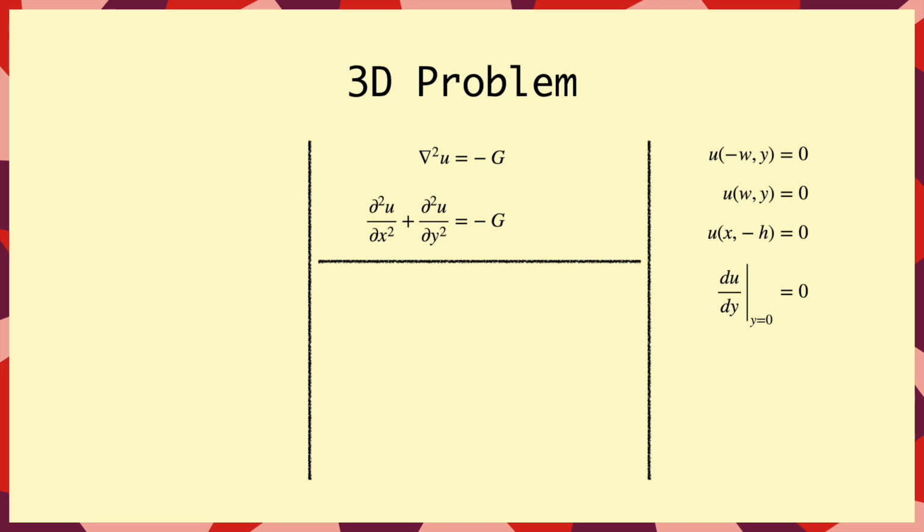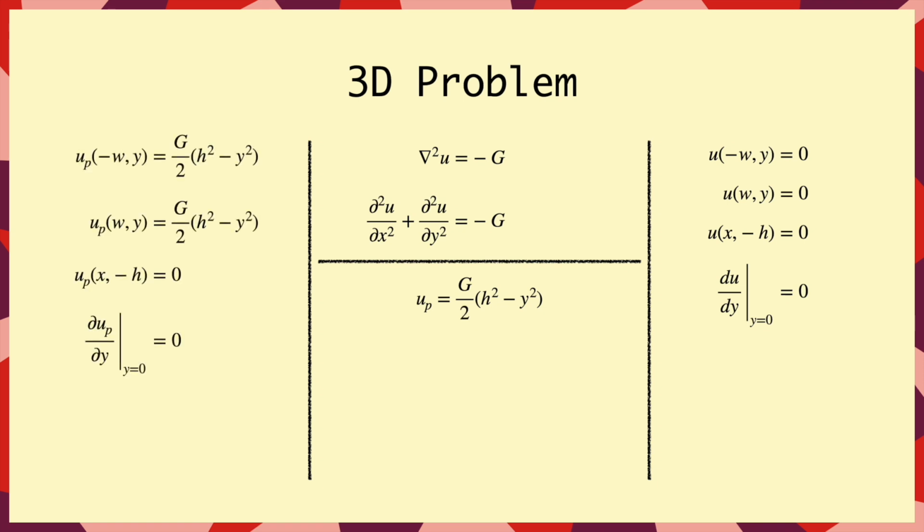And the solution we've just found for the 2D case works as our particular solution here. And if we write down its values on the boundaries, it does actually satisfy the bottom two BCs, but just not the top two. But that's fine, because now we're going to solve the homogeneous equation and find another solution, the general solution, which can satisfy the BCs. And we'll call this solution UG.